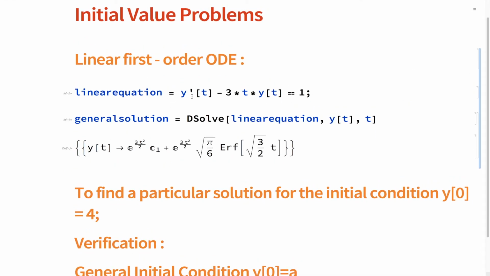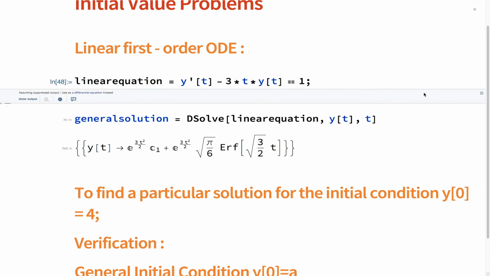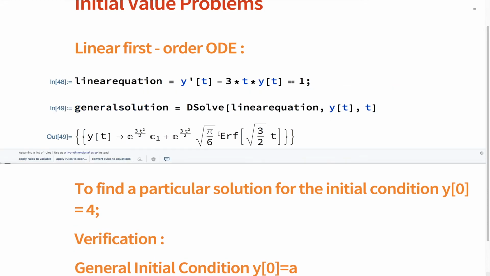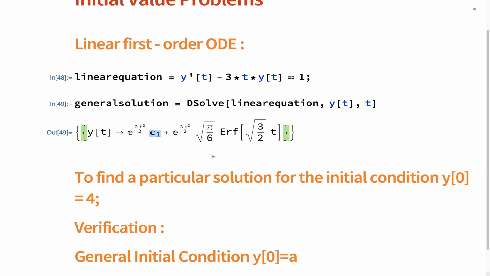So this is the linear equation, dy by dt with respect to t. We define the linear equation. So this is a linear first order ODE, ordinary differential equation. And then we can have the general solution with the arbitrary constant value, C1 in this scenario.